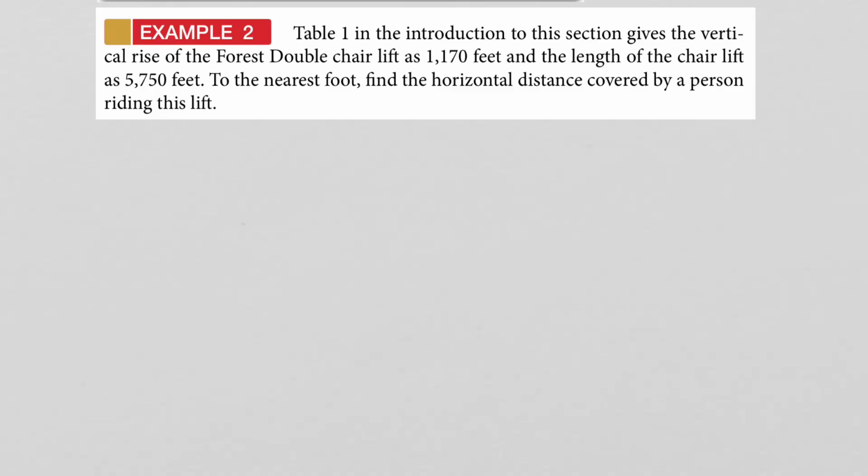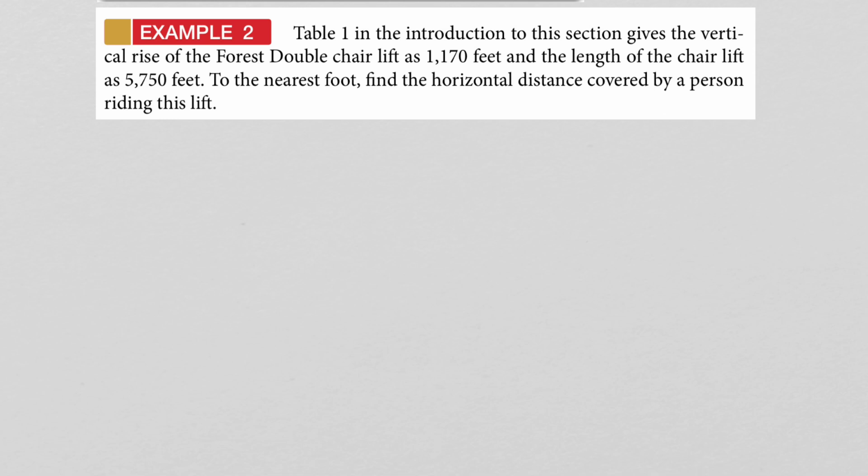So table 1 in this section of the book says the vertical rise of the Forest double chair lift is 1,170 feet, and the length of the chair lift is 5,750 feet. Find the horizontal distance covered by a person riding this lift.